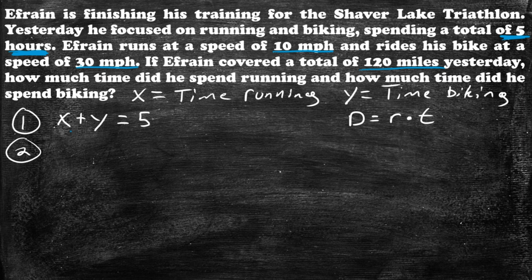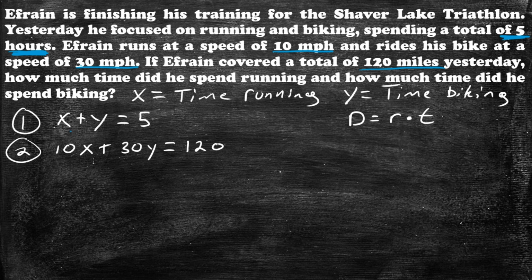So what we know is that the rate of running is 10 miles per hour, and then the time is x, which is our variable, time running, plus the rate of biking, which is 30, times the time biking, y, is going to be equal to 120. All right, so that's our distance is equal to rate times time formula there.